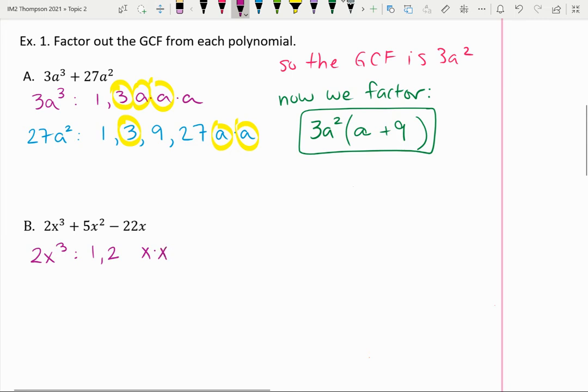And then I have x cubed, which is x times x times x. Okay. 5x squared. The only things that multiply to 5 are 1 and 5 because 5 is prime. x squared is just x times x.